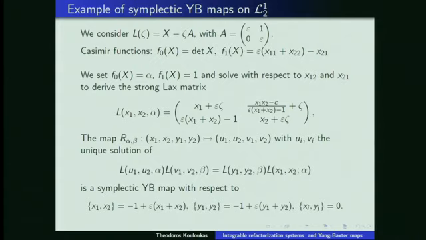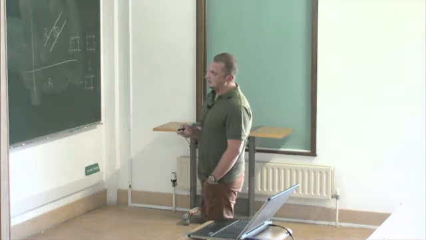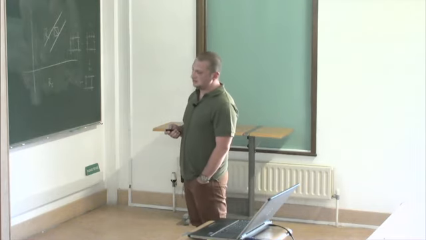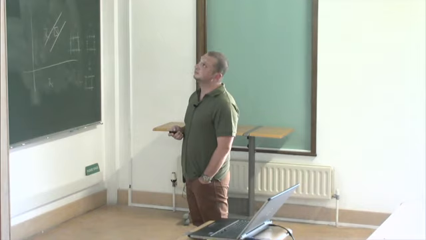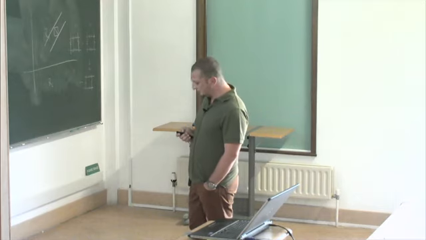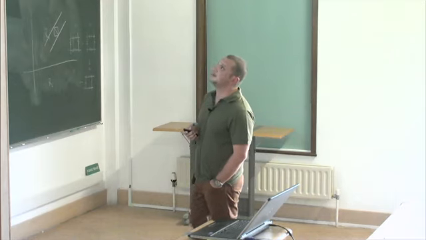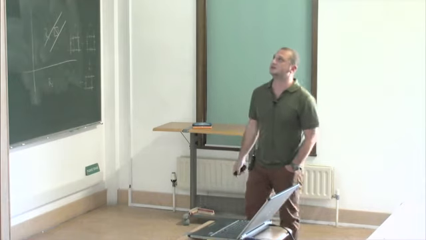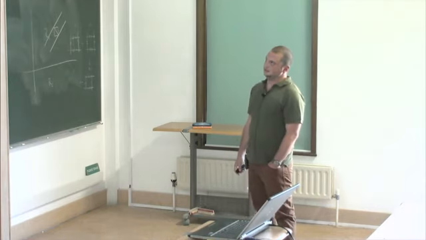I haven't written the map, but there is an explicit formula for this map. It is just too long to write it. And it is a symplectic Yang-Baxter map with respect to the reduced Sklein bracket, which in this case is this one. Now, this is a non-degenerate map. Degenerate maps arise as limits of a non-degenerate in some cases.